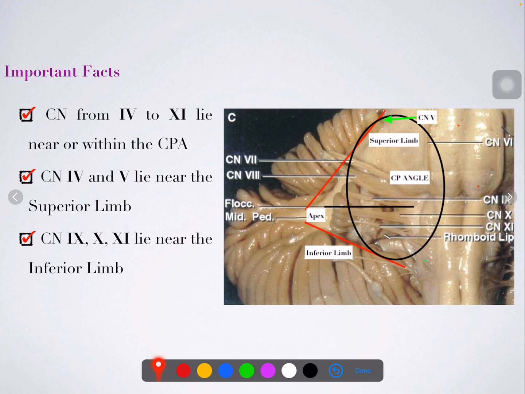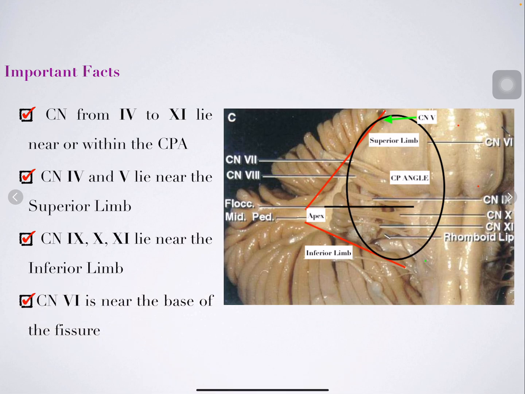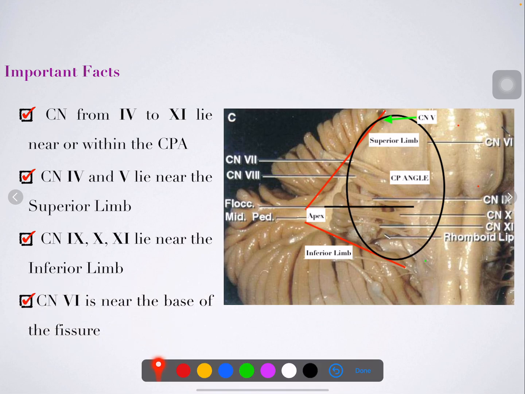So yes, we do have choroid plexus in the Cerebellopontine angle. Now, cranial nerve 6, like we've said earlier, is near the base of the Cerebellopontine angle or the Cerebellopontine fissure.